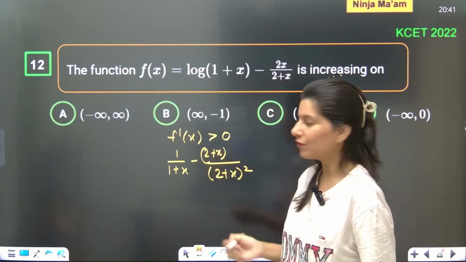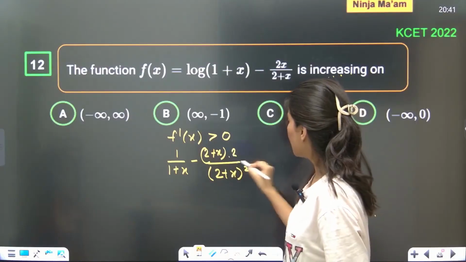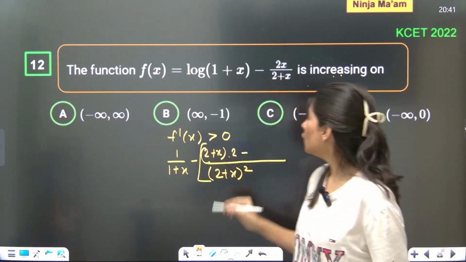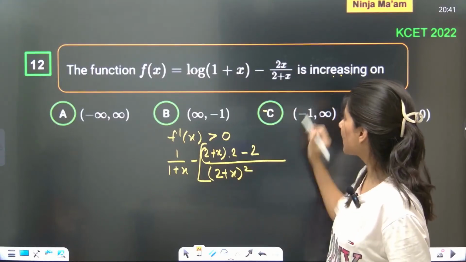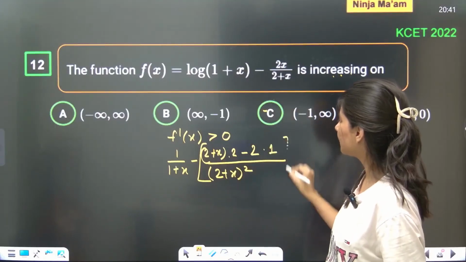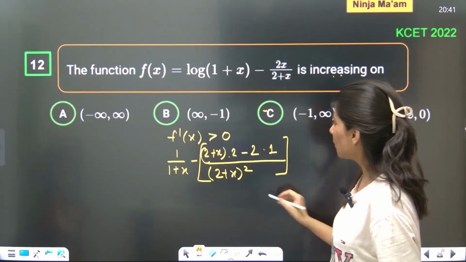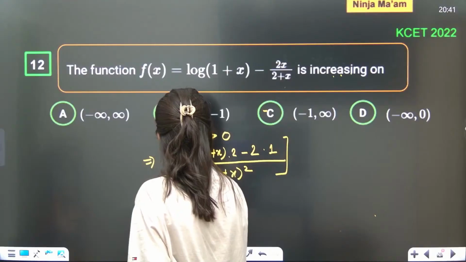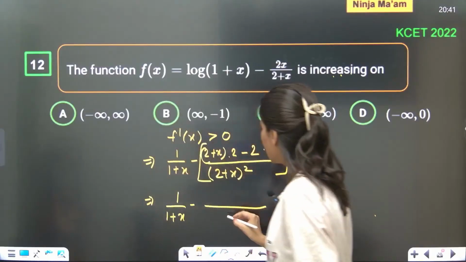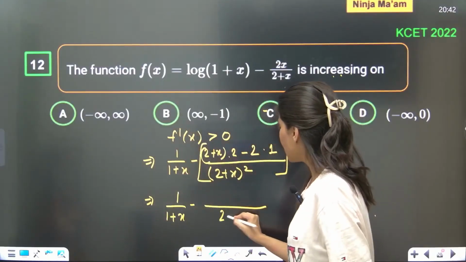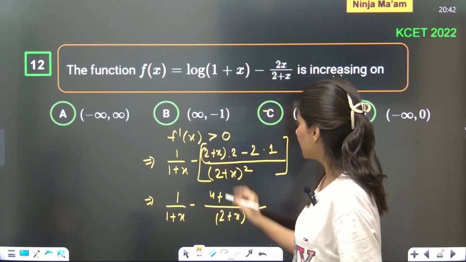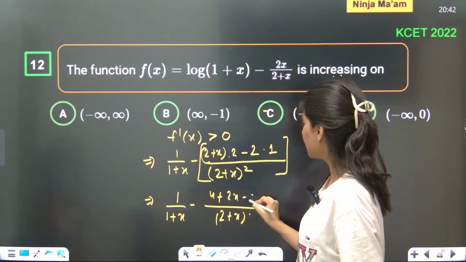Now derivative of 2x is what? 2. Minus, this time everybody, 2x will be kept constant and x plus 2 derivative will be 1. Correct? So this is what? 1 upon 1 plus x minus, this is 2 plus x whole square, and this is what? 4 plus 2x minus 2.